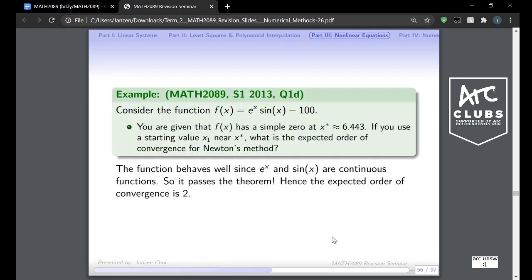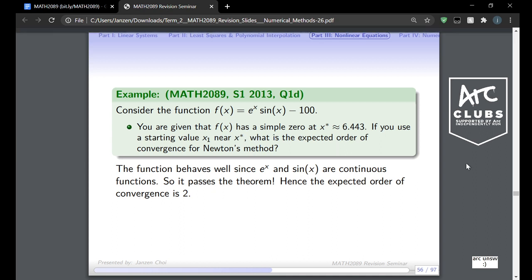Okay, another question. You are given that the function has a simple 0 at 6.443. If you use a starting value near 6.443, what is the expected order of convergence?